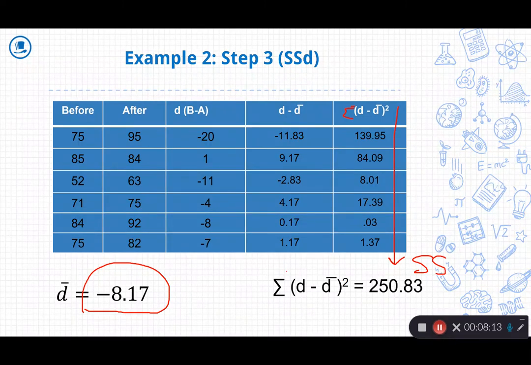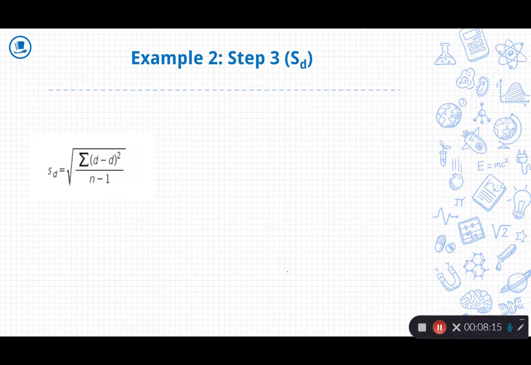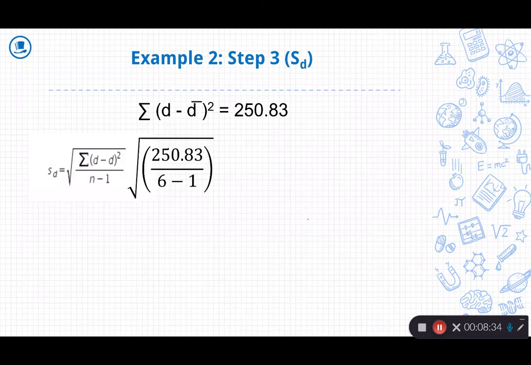The next step is that we can calculate the standard deviation of the difference. There's the formula. We take the sum that we just found, divide that by n minus 1, and take the square root. So filling in the numbers, 250.83 is going to be the numerator, and n is 6, so 6 minus 1 goes in the denominator.